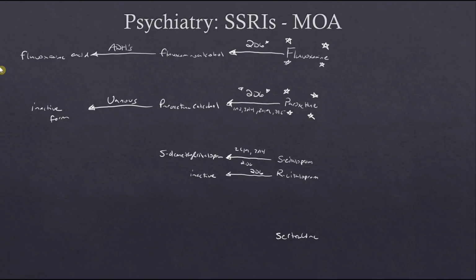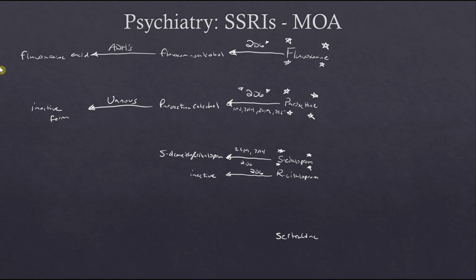So, citalopram itself comes in an enantiomer racemic mixture of R and S citalopram. R citalopram is the less active form here, so S would be the more active form, kind of similar to what we learned about warfarin.